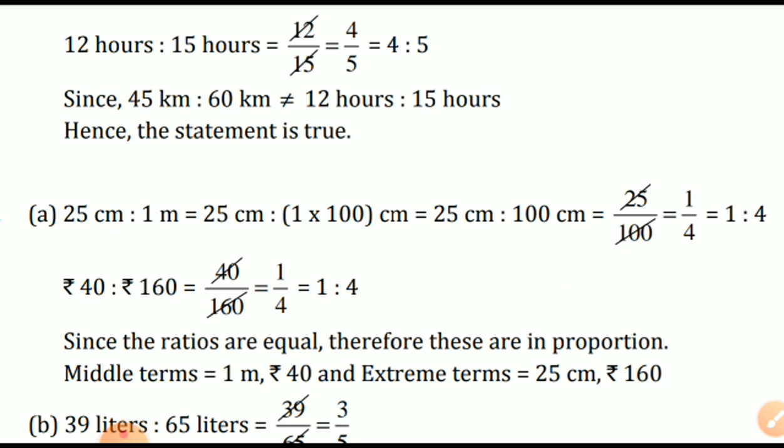Okay. So what is the middle term? 1 and 40. Is it? And extreme term बाहर की साइड की term क्या है? तो बोलेंगे बेटा 25 centimeter and 160 rupees.